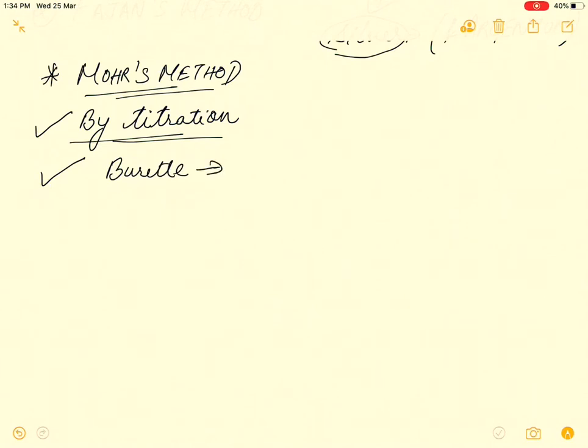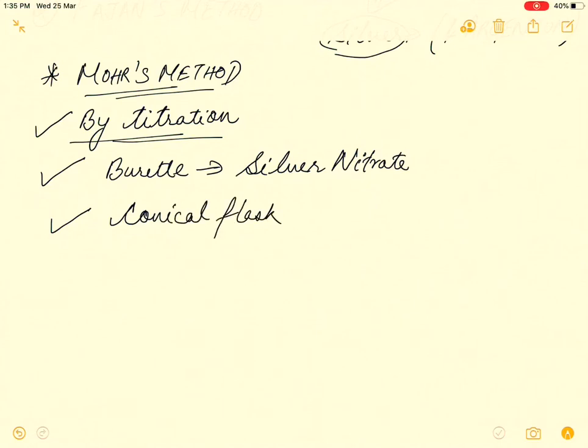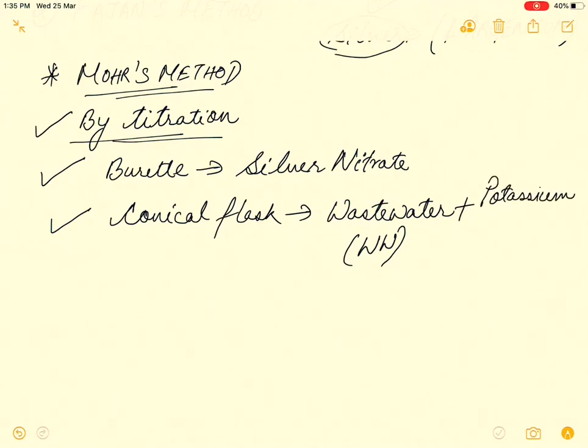We will take silver nitrate in the burette, and then in the conical flask we'll be taking the wastewater sample, wastewater plus potassium chromate, which is yellow in color.